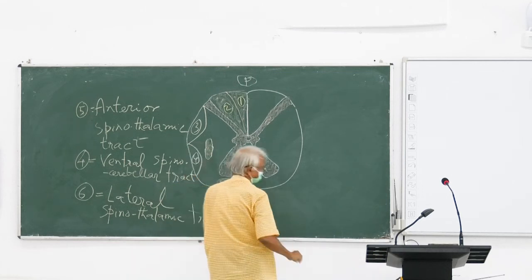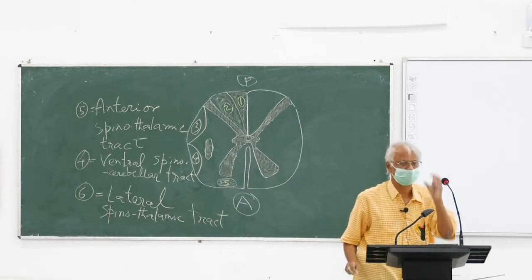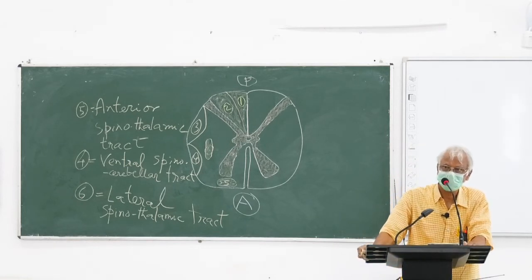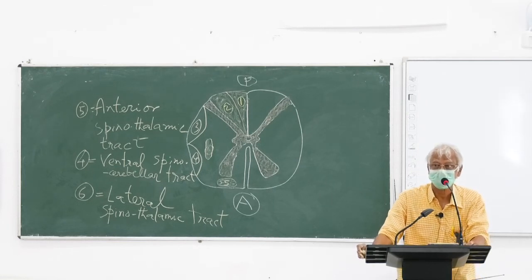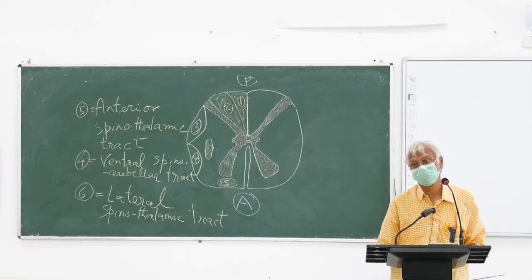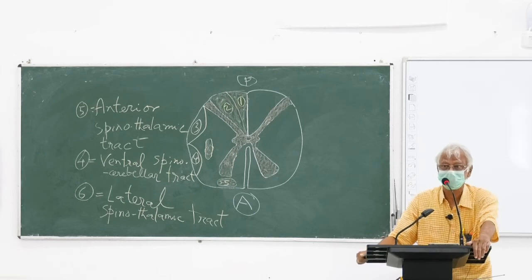Three classified or bundled white matter: anterior, lateral, posterior. We don't call it posterior because it has 2 bundles. The medial one is called the fasciculus gracilis and the lateral one is called the fasciculus cuneatus.